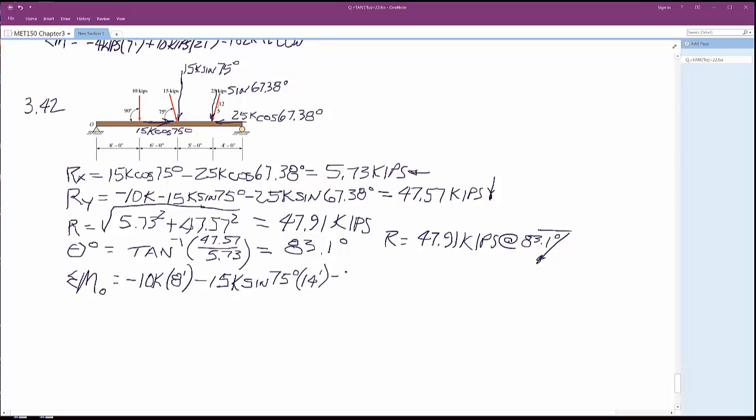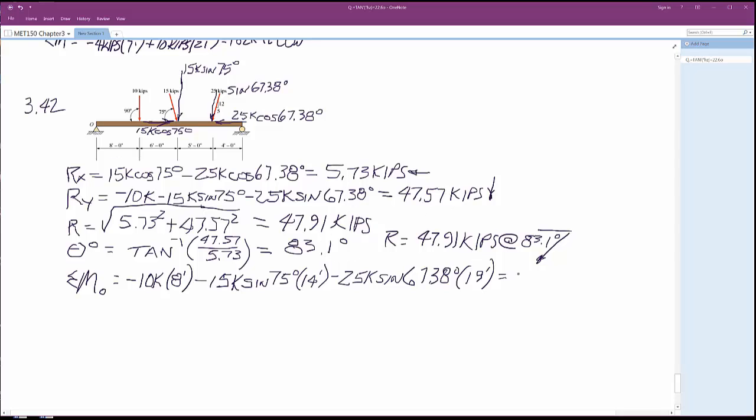Minus 25 kips sine of 67.38 degrees times 5 and 6 is 11 and 8 is 19. Do the math on that. Oh, by the way, the 15 kips cosine of 75 and the 25 kips cosine of 67.38 go through that point O. They don't make it spin, therefore we don't use them in the moment equation.